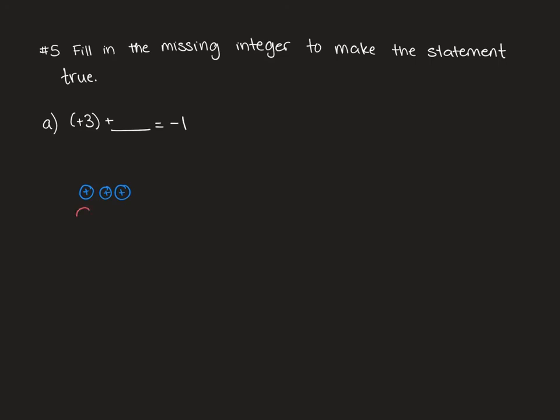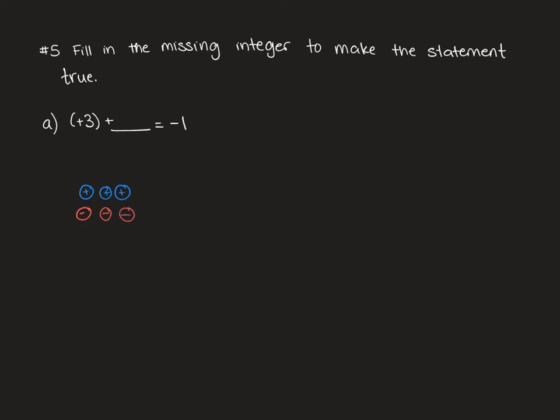So if I add 1 negative chip, then this overall is +2 because this cancels each other out, so I'm left with 2. So I can add another negative, and these cancel out, so I'm left with +1.